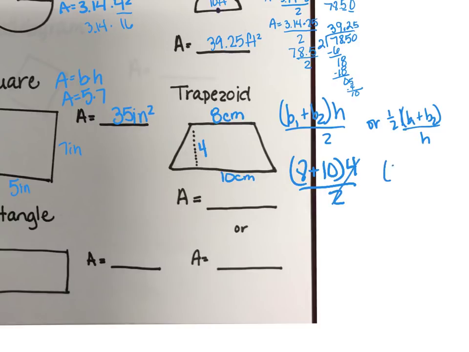So 8 plus 10 times 2, which is 18, times 2, which is 36. Okay? So that is done that way. This other way, you would do the 1/2 base 1 plus base 2. So base 1 would be 8. Base 2 would be 10.